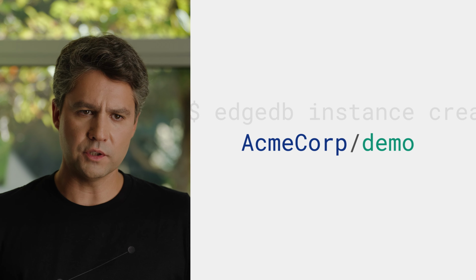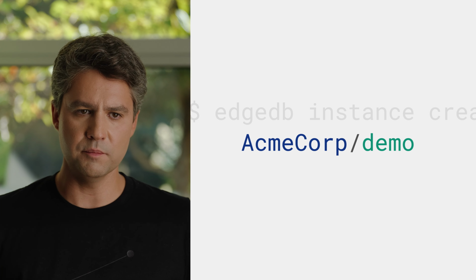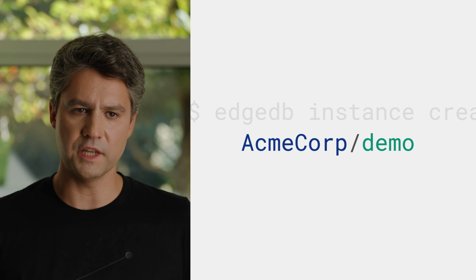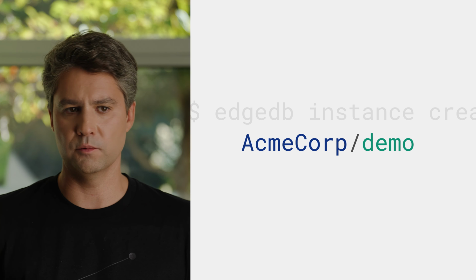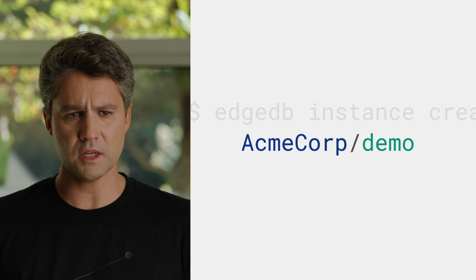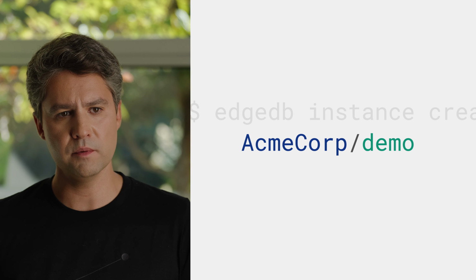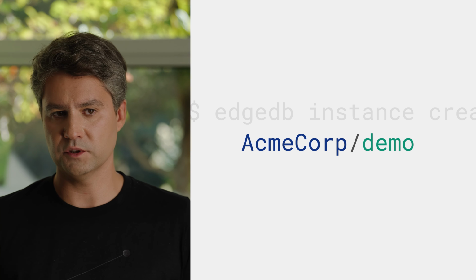And to make it easy to tell local instances and cloud instances apart, we are using a simple naming scheme. Instance names that are a single word are local. Instance names that are word slash another word are cloud instances. Your GitHub username or organization name is what's before the slash, and your cloud instance name is what's after.